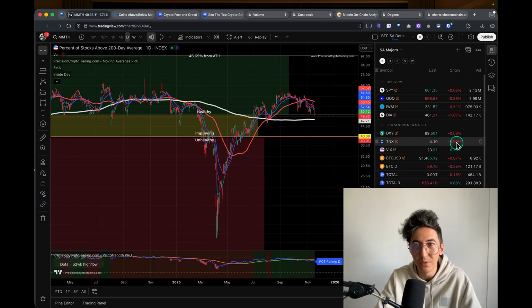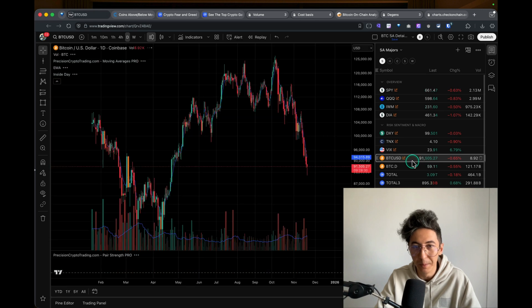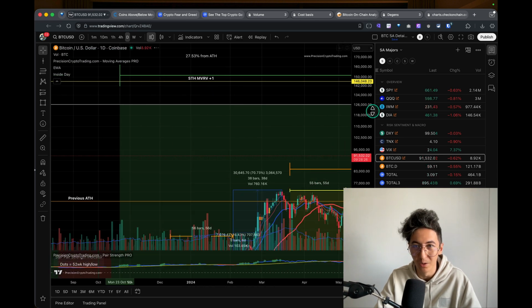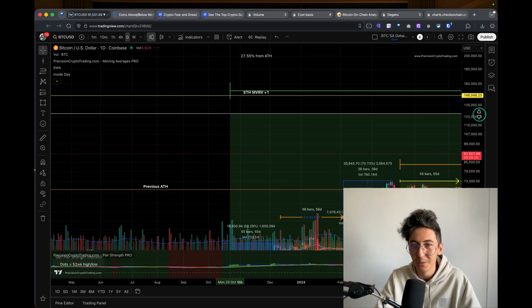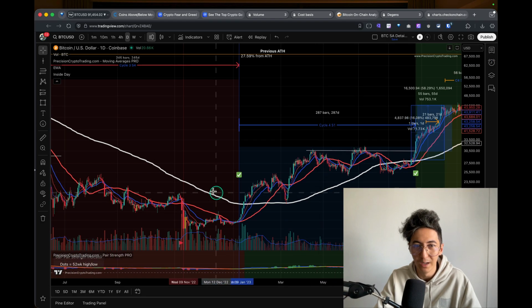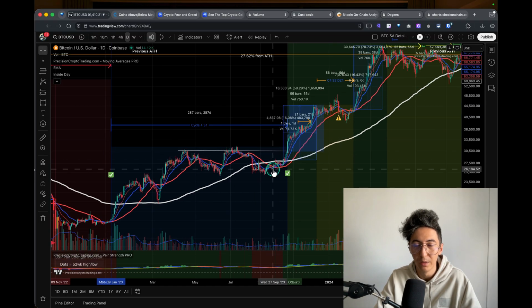The healthiest move that we saw for Bitcoin was actually from a long-term downtrend. You have an extended downtrend, and then you have some healthy legs up and a healthy move up. That's what you want to see.